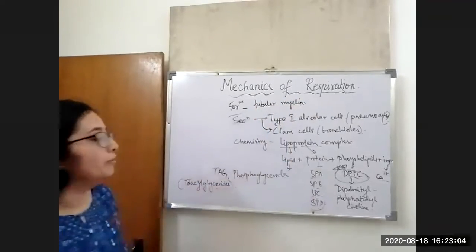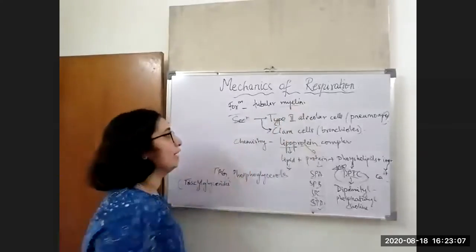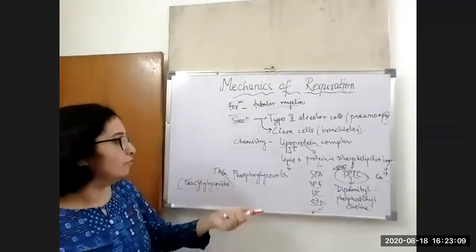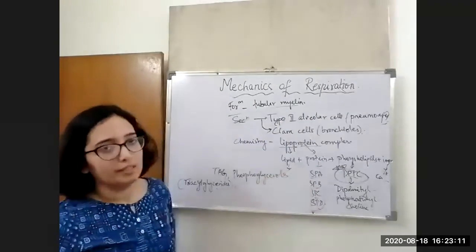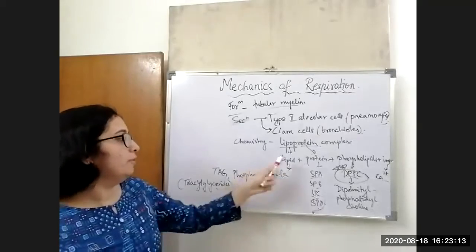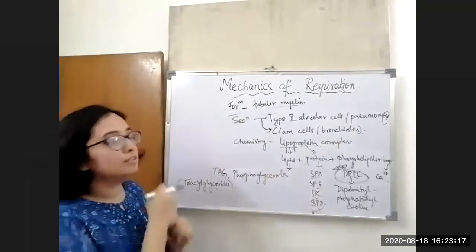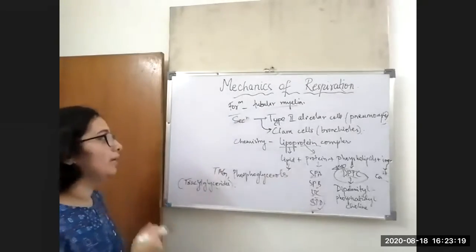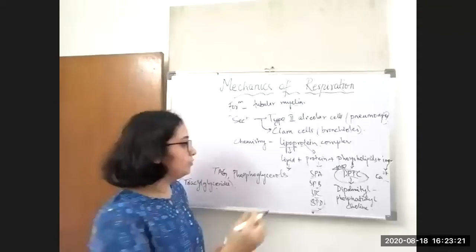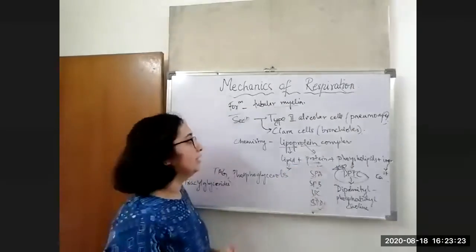Okay, it is in the form of tubular myelin. What is this tubular myelin? It is nothing but a meshwork of lipids and protein. Okay, it is a meshwork of lipids and protein in the form of tubular myelin. So surfactant is produced in the form of tubular myelin. It is a meshwork of lipids and proteins.